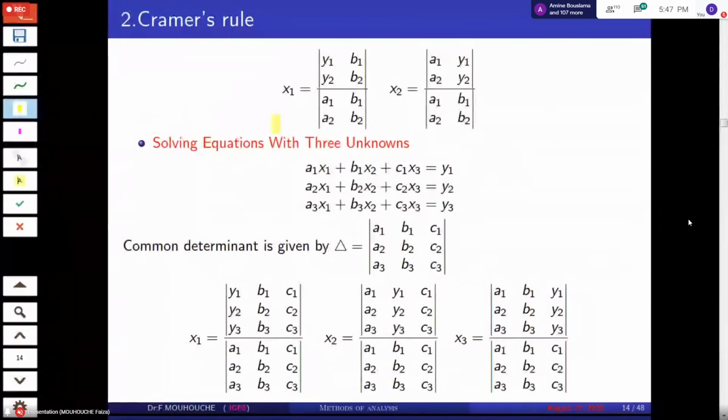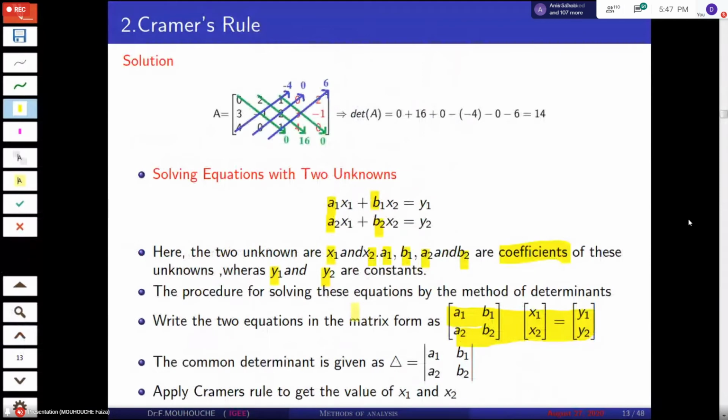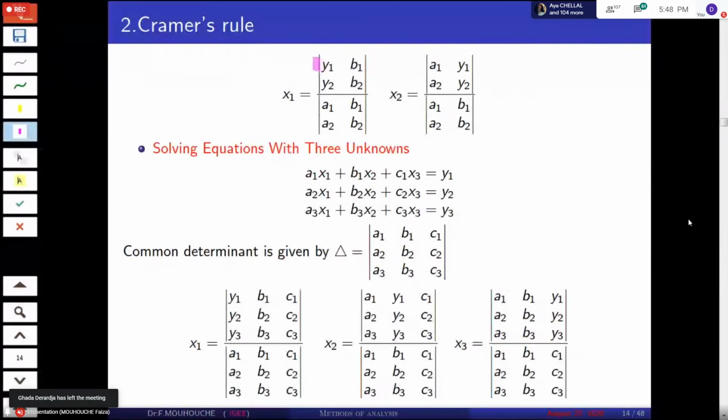To calculate x1, we delete I1 and I2 and replace them by the constants Y1 and Y2, over the common determinant.